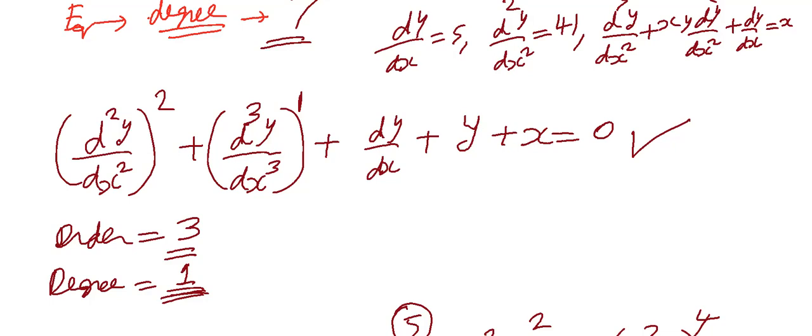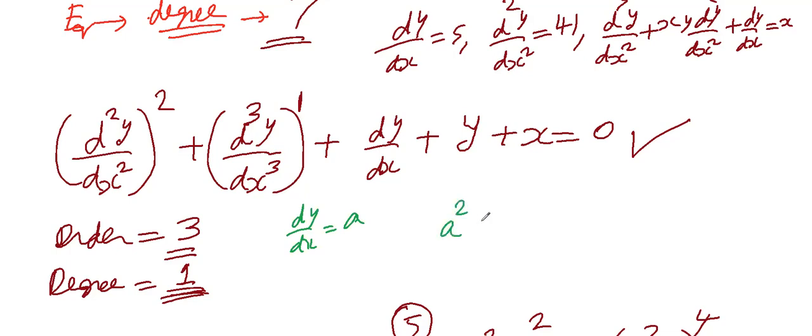So in short, you can assume dy by dx as, say, x, or you can assume it as y, something, say a or b. For example, here I am assuming dy by dx as a. So what will this be?